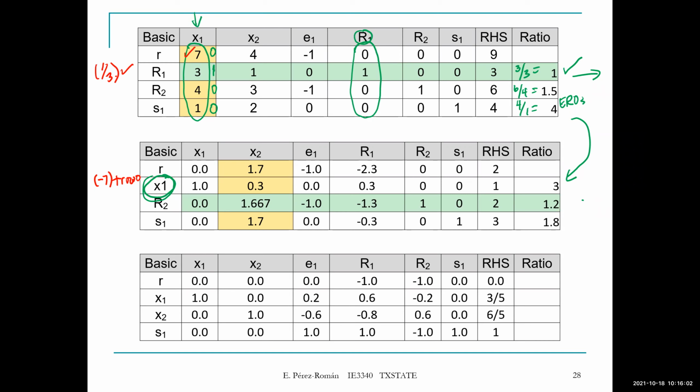You multiply all that by 1/3. That's how this makes 1. This becomes 1/3. This is 0. This is 1/3. This is 0, 0, and 3/3 is 1. Okay, so that's by multiplying the row by 1/3.